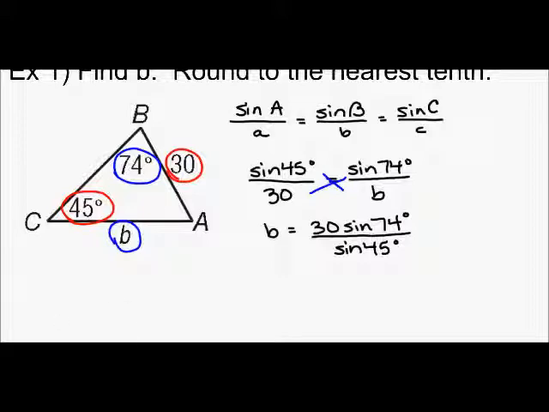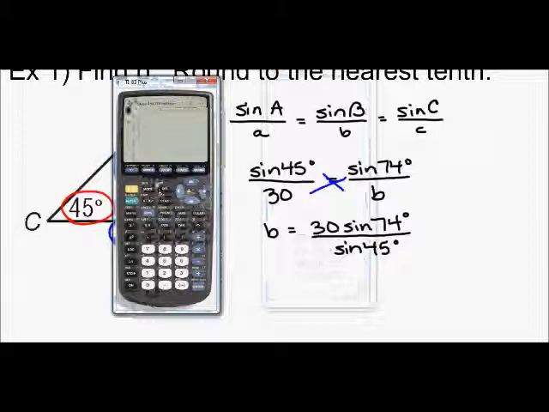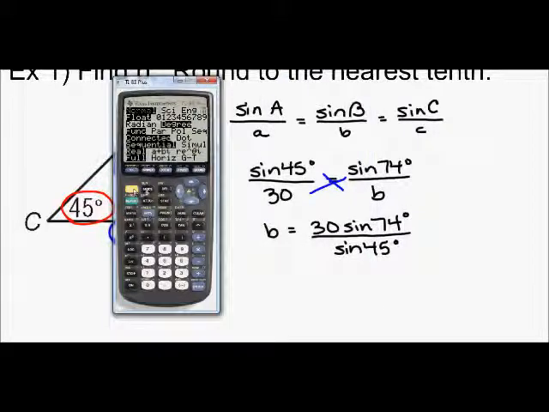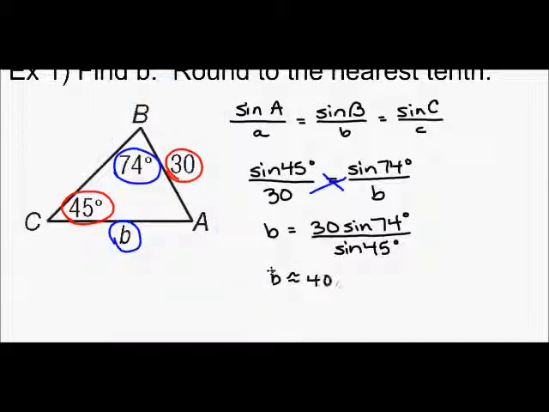Okay, and let's pull up the calculator. Make sure that we are in degree mode. Good. 30 sine 74, close parentheses, divide by sine 45 equals 40.783. So to the nearest tenth, we're going to have 40.8. So b is approximately 40.8.